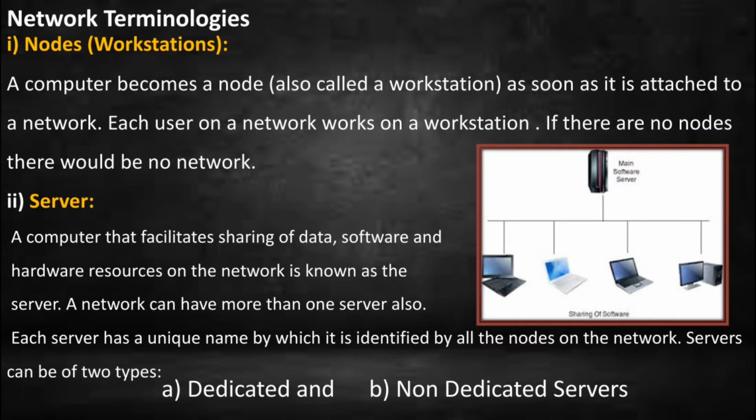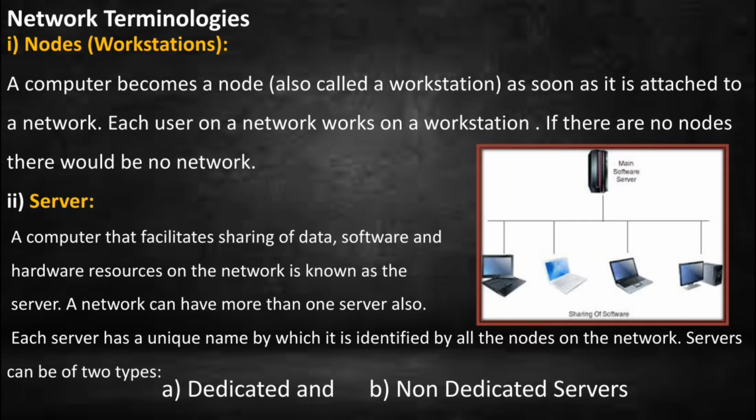A server is nothing but a computer. In that server it stores data, software and hardware. According to client request, it fetches the data and shares the software and hardware components.